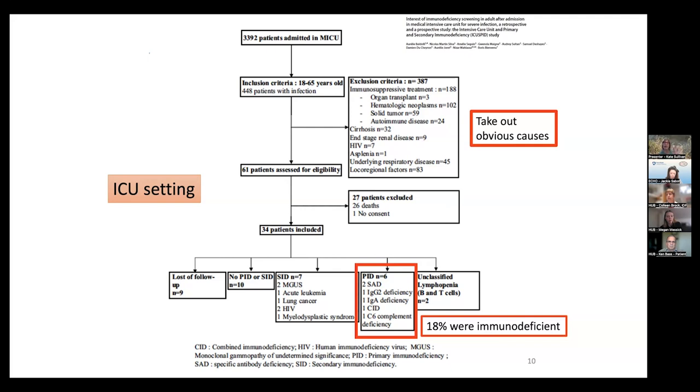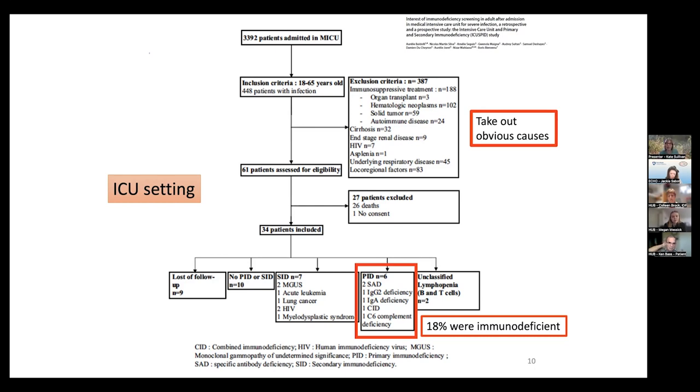So in this study, they looked at over 3,000 adults in a medical intensive care unit. They actually took out a bunch because they already knew why the people were there. They had a malignancy, they had end-stage renal disease, they had HIV. There was some known reason that they had gotten so sick that they ended up in the medical intensive care unit. When they took out all of those cases, they were left with 34 folks where they looked at the records and said, shrug, I can't figure it out.